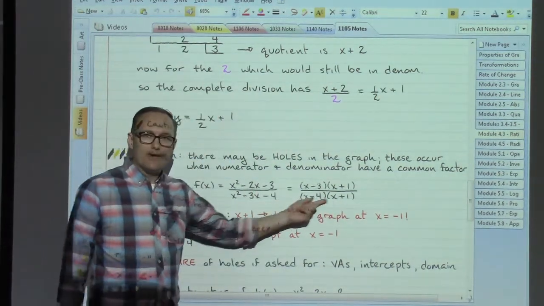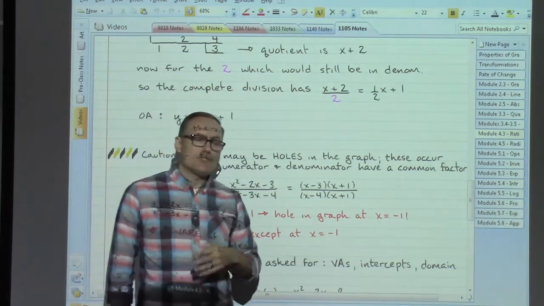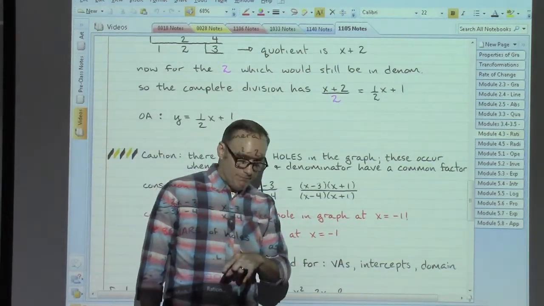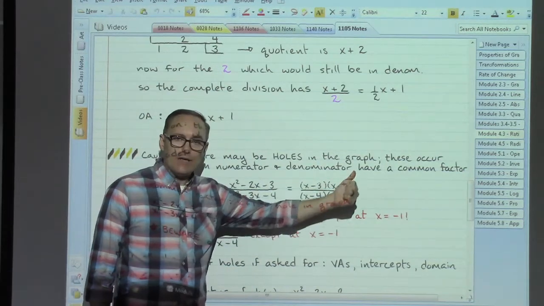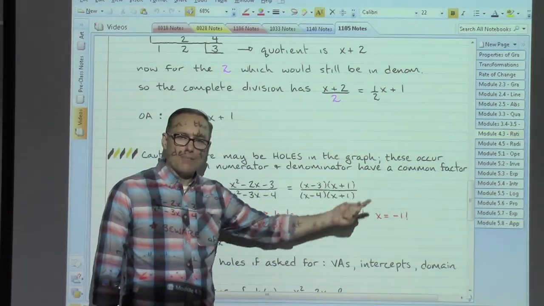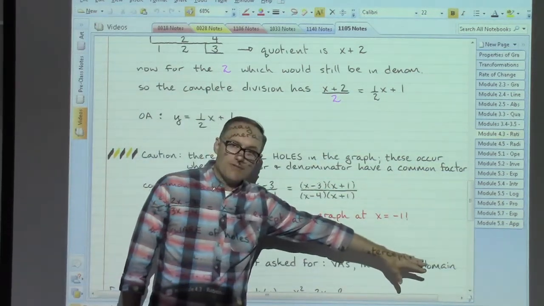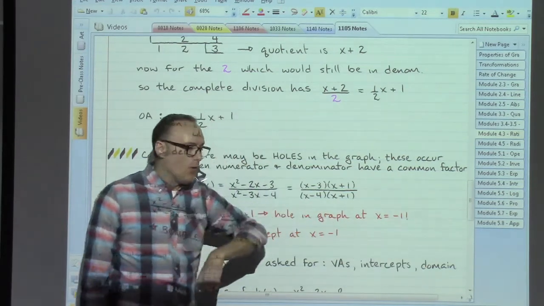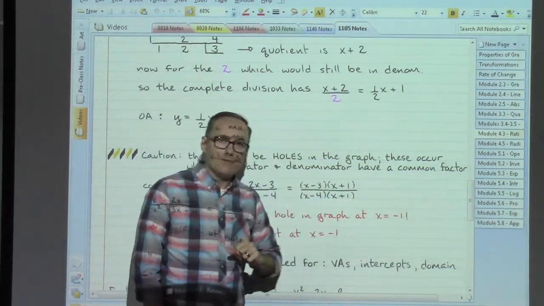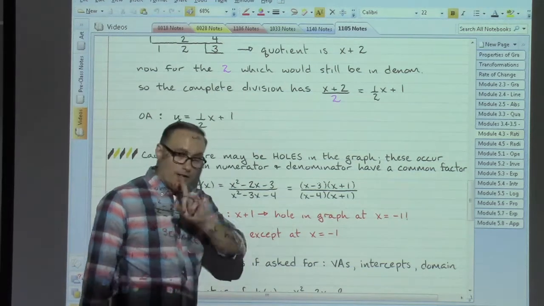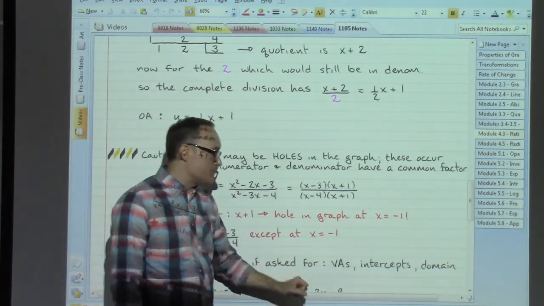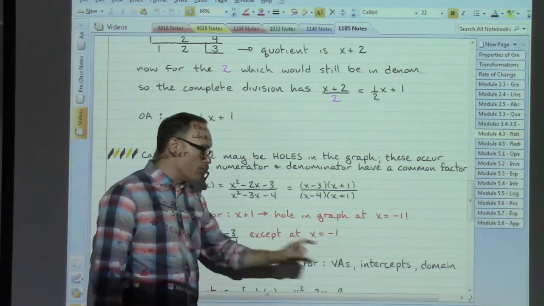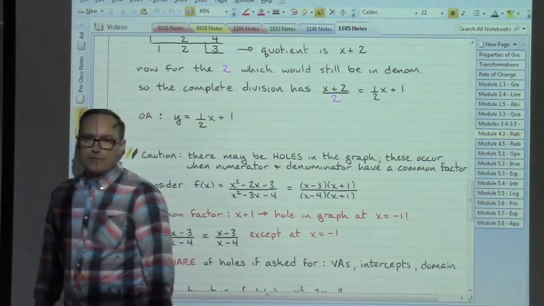Anytime that the denominator is equal to 0, we want to make sure that we would find the domain before we reduce out any of those common factors on the top and on the bottom. We got to find the domain first. Before we reduce things out, find the domain. Make note of any holes before you find intercepts. Make note of any holes before you find any vertical asymptotes.